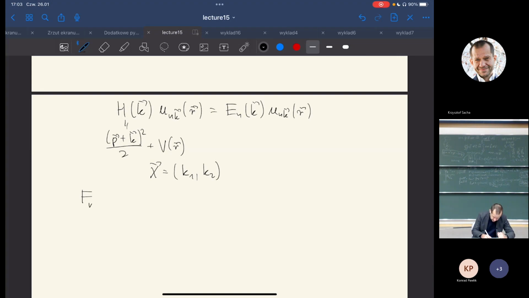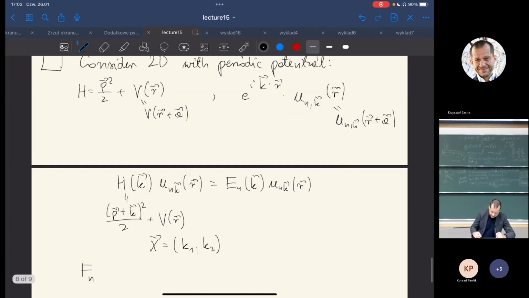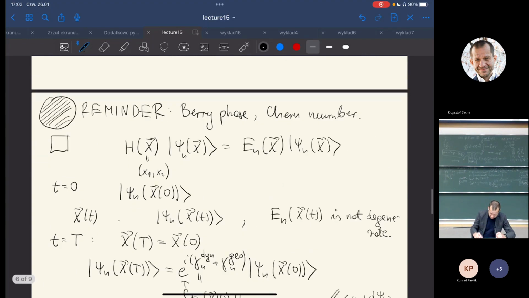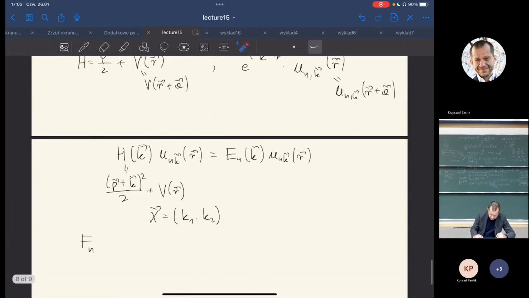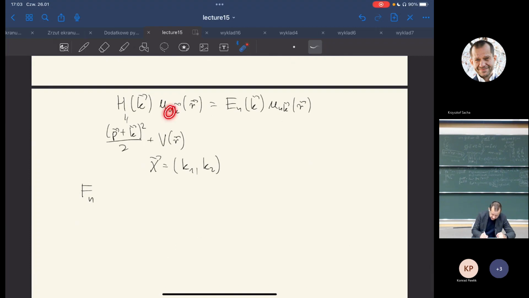Let us introduce the index. This is a Berry curvature corresponding to the N energy band. Remember that here we have different eigenstates of the system, which are denoted by the index N, which corresponds to different bands of the system.